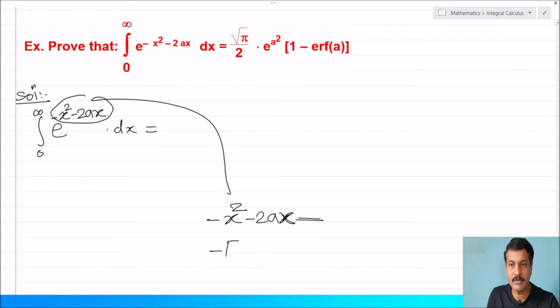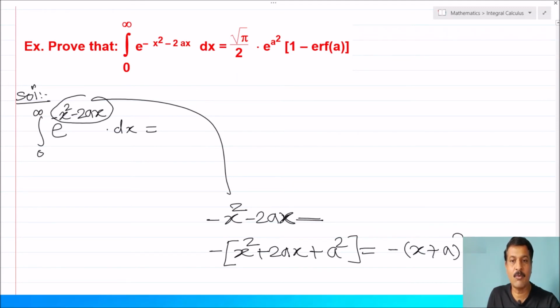If we common out the minus sign, I am getting x square plus 2ax. So definitely the third term is a square. You can observe it is a perfect square as x plus a whole square. So what additional do I want? I want this a square. It means that if we multiply inside, minus a square I want additionally.